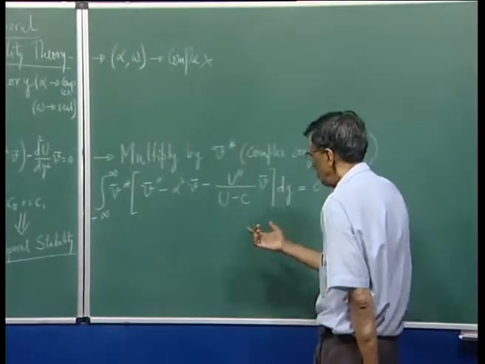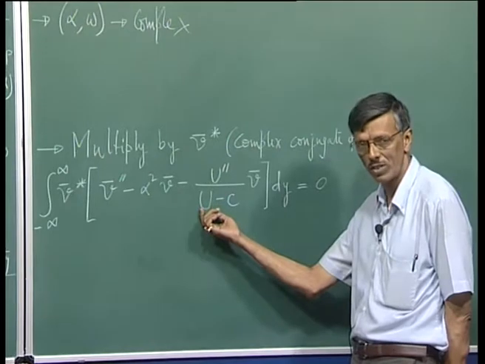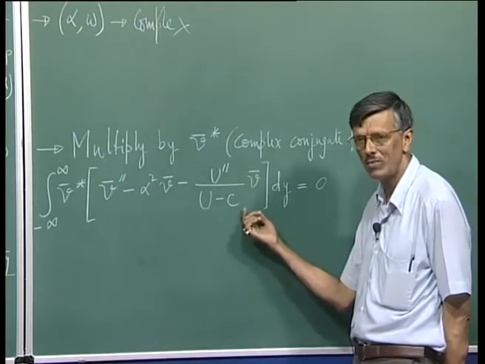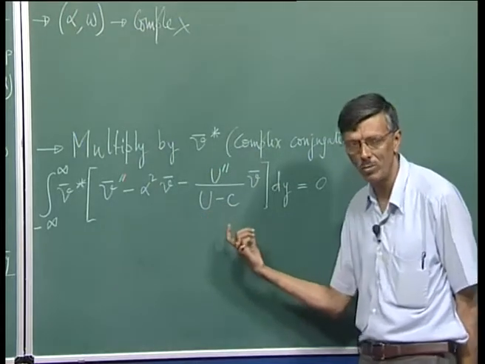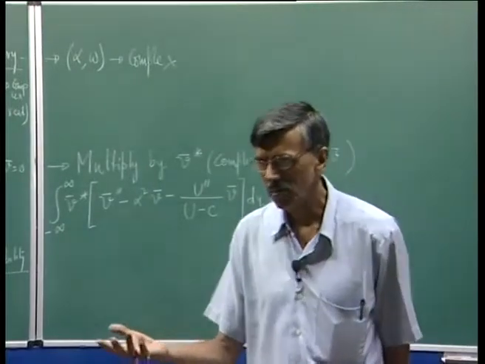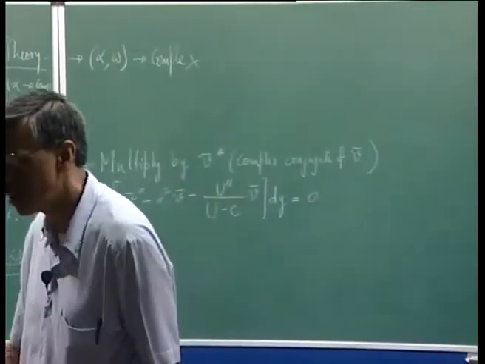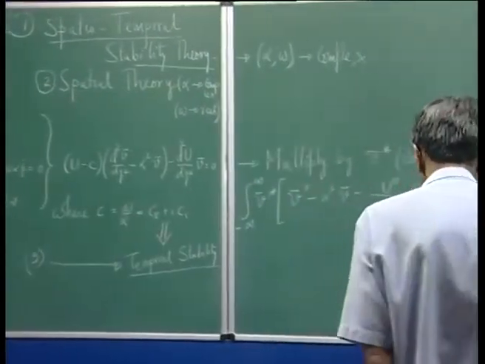However, you realize that U is real, the equilibrium flow velocity, and c is complex. So, the real part can match, but you would still be left with the imaginary part. So, the chance of dividing by 0 is precluded when we are studying a temporal stability problem.